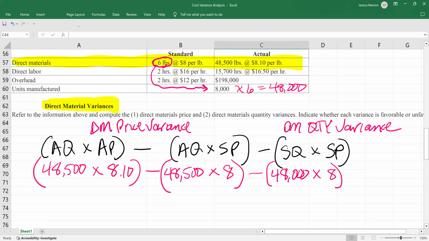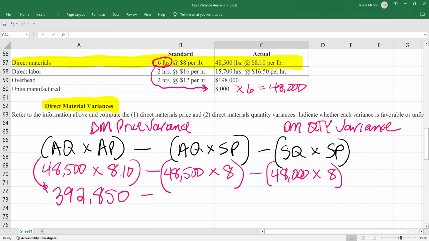Okay, so we've plugged all of our numbers in here. Now it's just a matter of doing the math. So 48,500 times 8.10. So here we get 392,850, right?